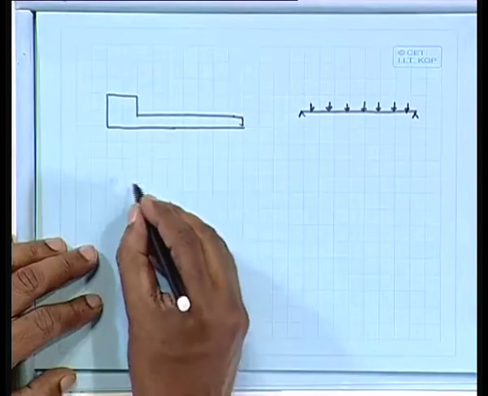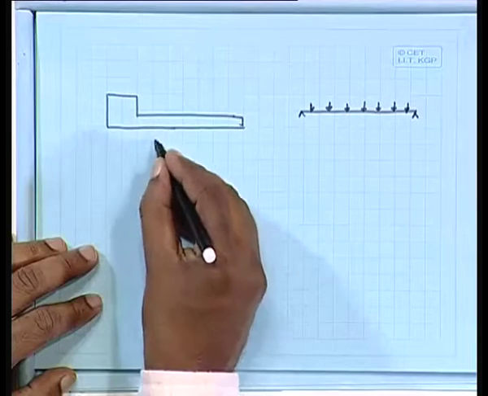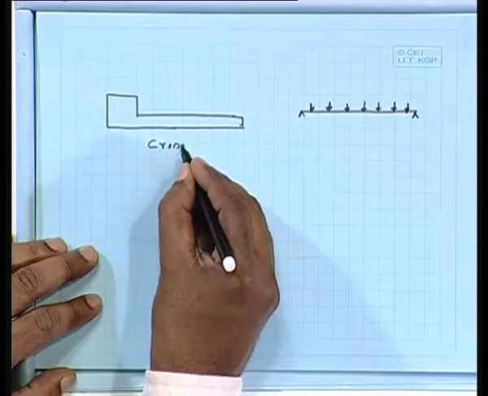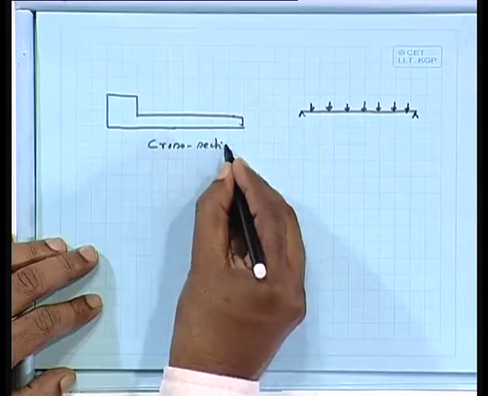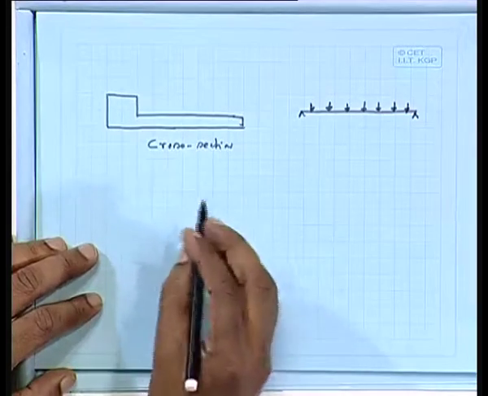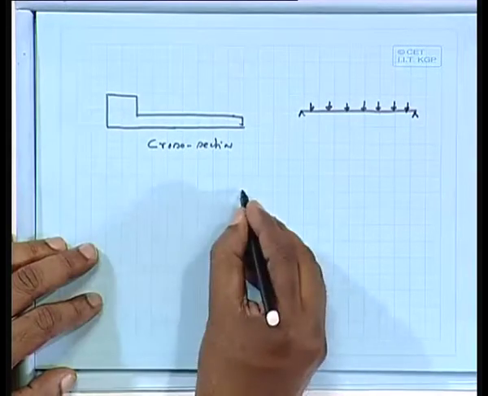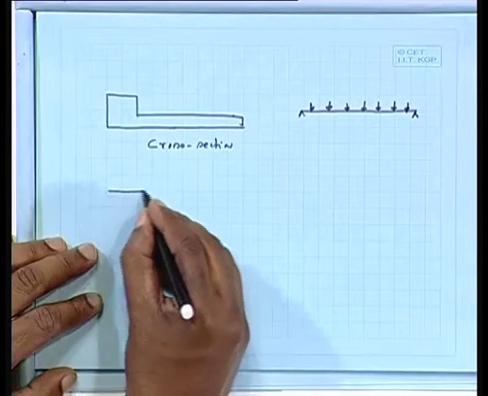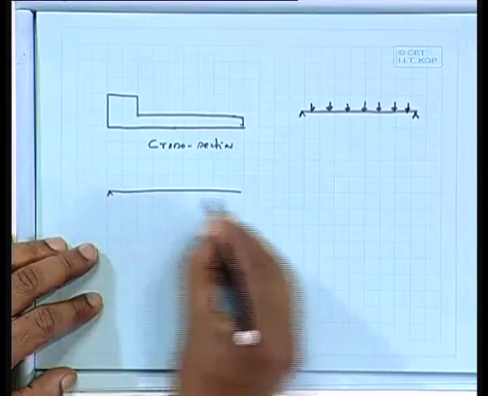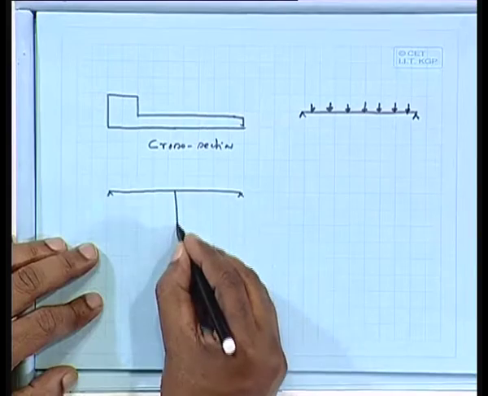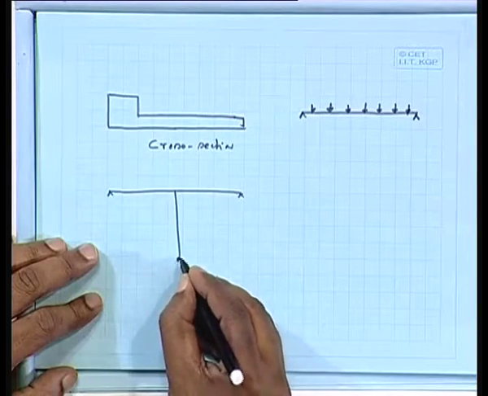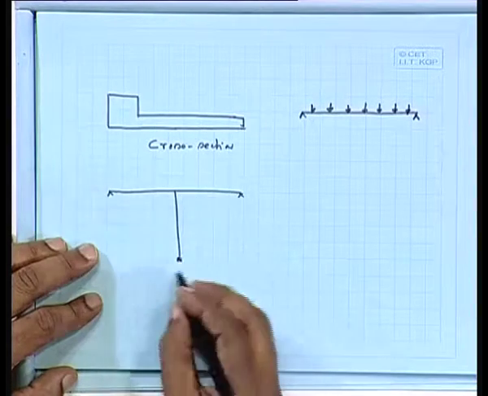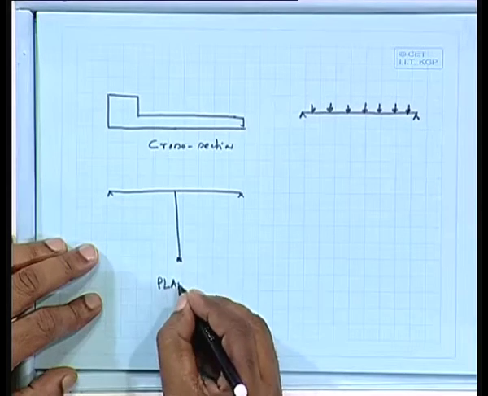Similarly, it is possible if we draw it in plan. This was a cross section. Now we are drawing a beam plan. Please note this is the plan, it is not the elevation.